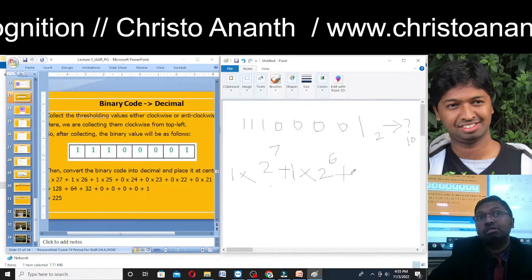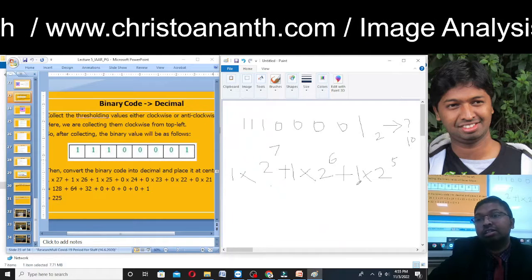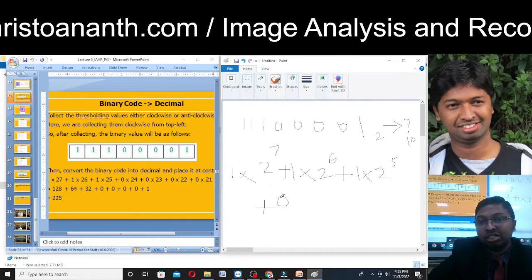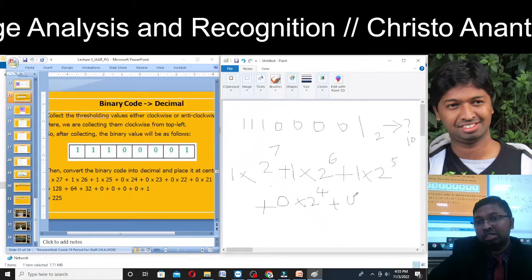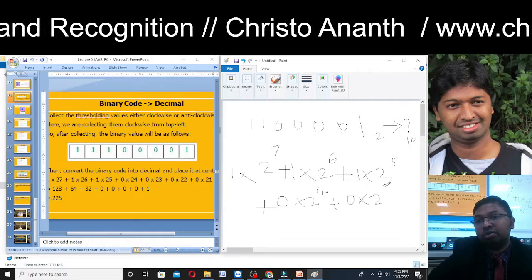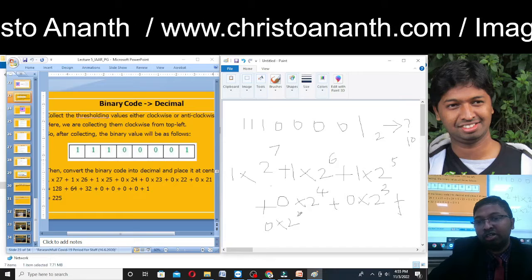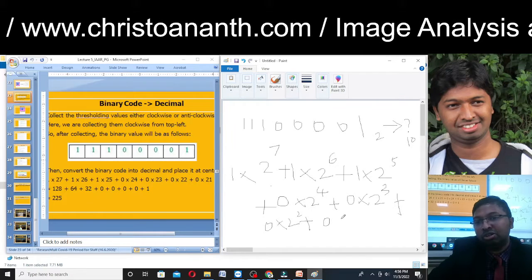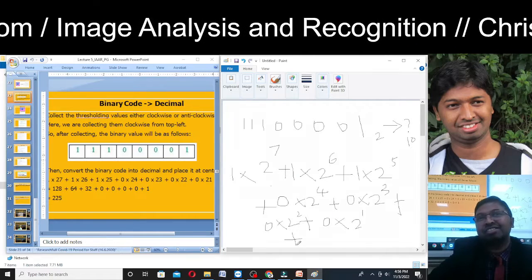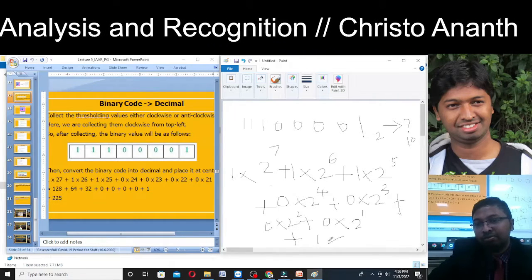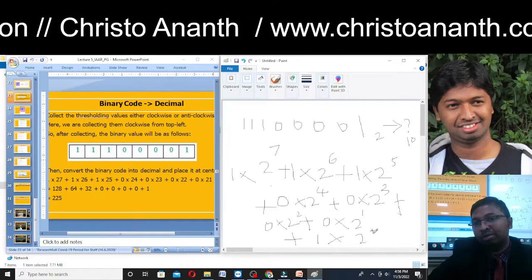Plus, listen, 1 multiplied by 2 power 5, plus 0 multiplied by 2 power 4, plus 0 multiplied by 2 power 3, plus 0 multiplied by 2 power 2, plus 0 multiplied by 2 power 1, plus 1 multiplied by 2 power 0. Correct?